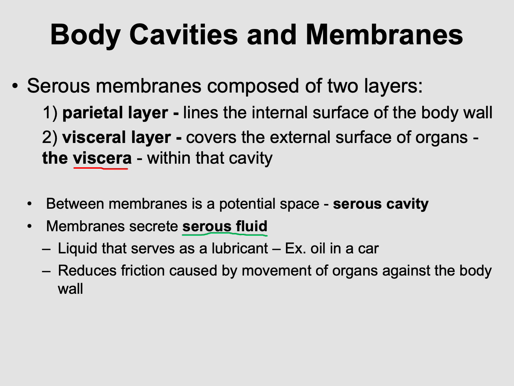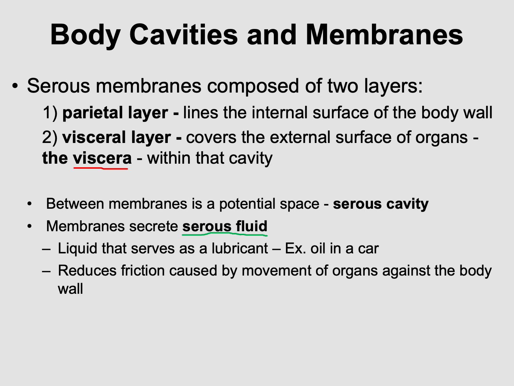This is basically a liquid like oil in a car or in a vehicle. It serves as a lubricant. It lubricates those two layers so they don't rub against each other.